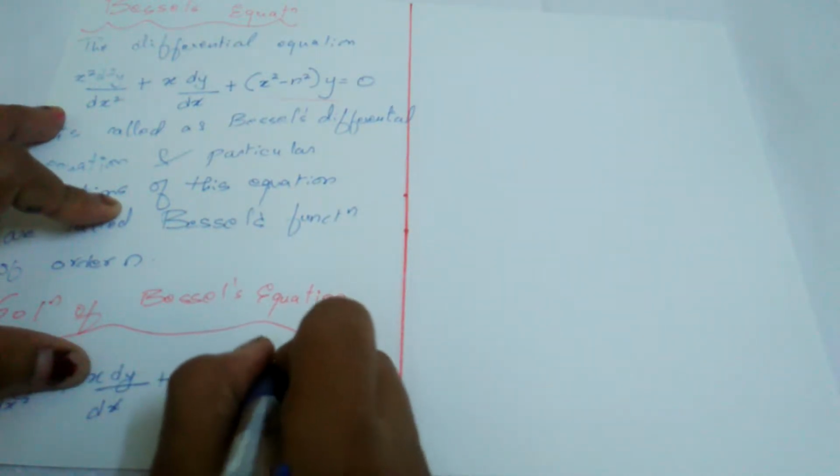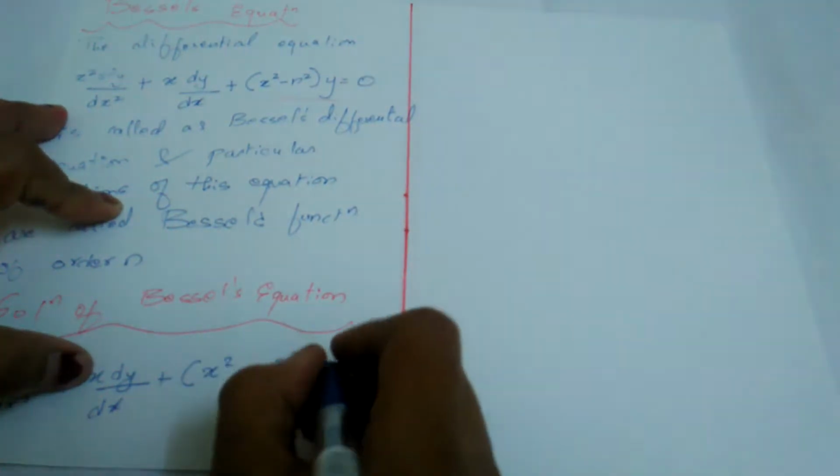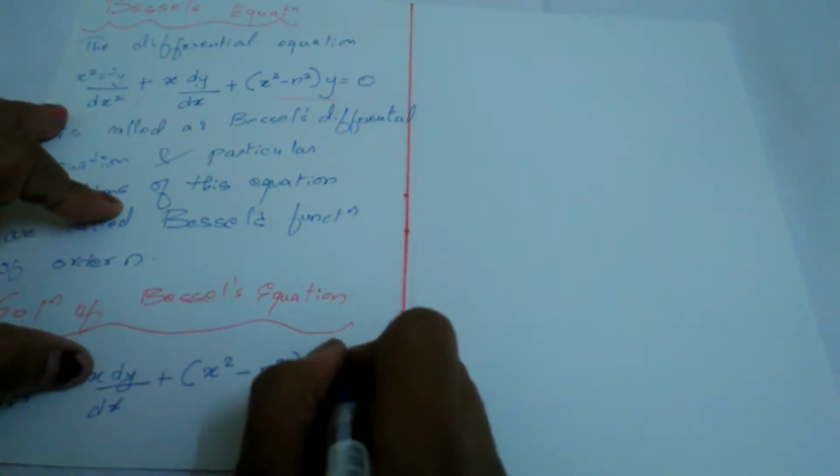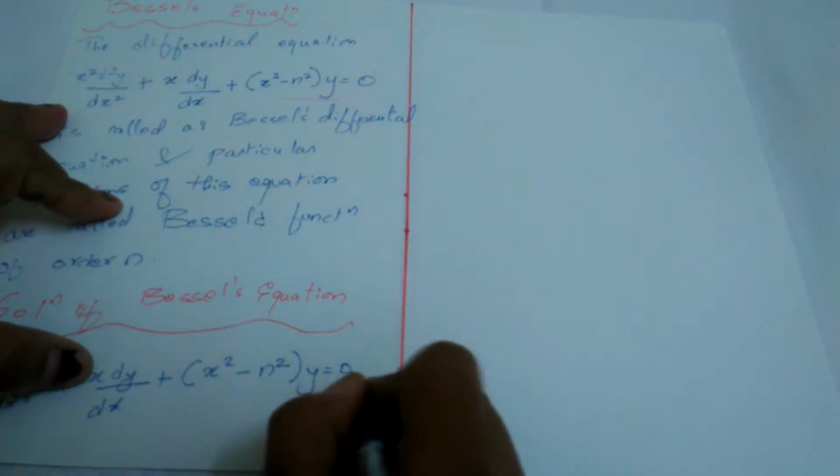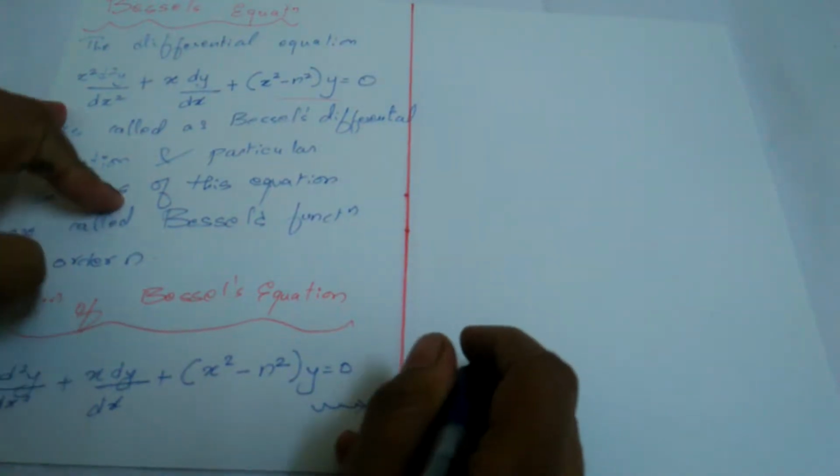So let me write down this equation once again. x square d square y upon dx square plus x dy by dx plus x square minus n square y is equal to 0. Let me denote this as equation number 1.